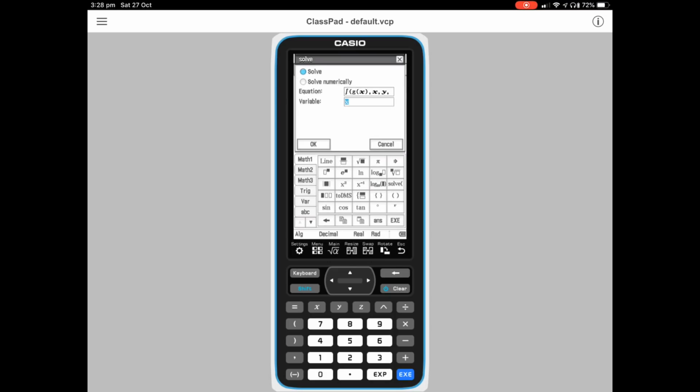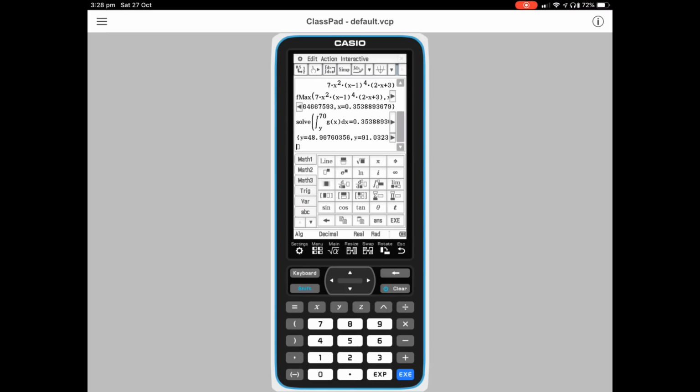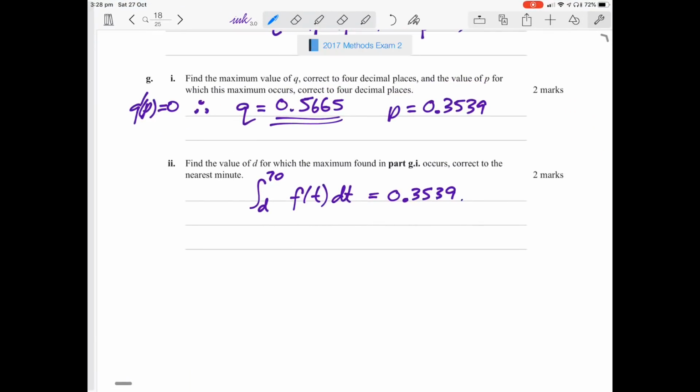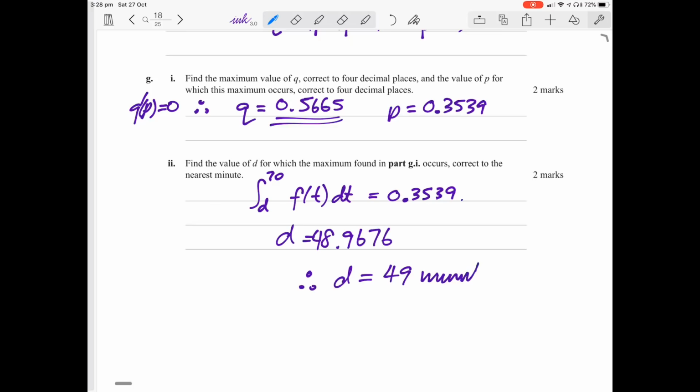Solve for Y. Okay, 48.9676. It can't be 91 because it's too big. So D equals 48.9676. Therefore, D equals 49 minutes.